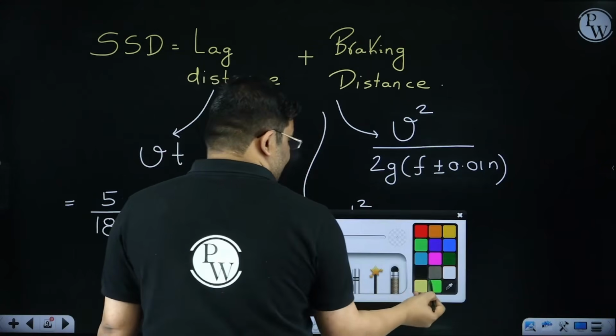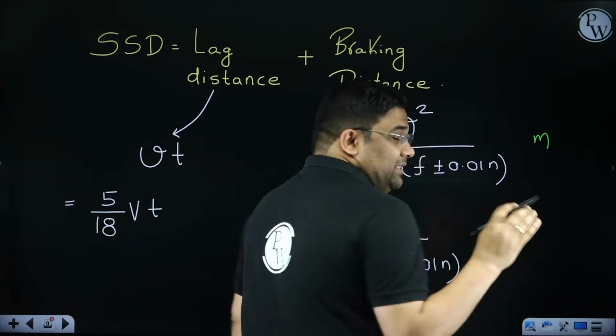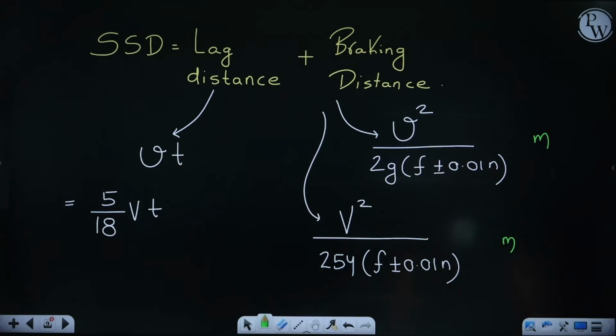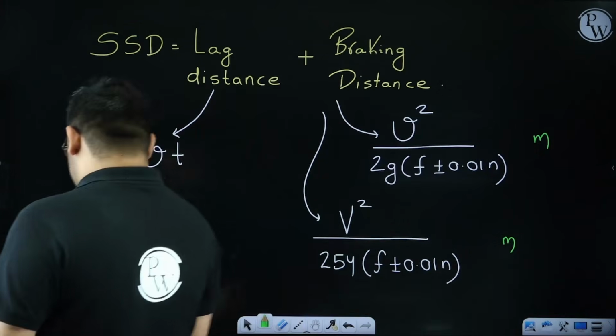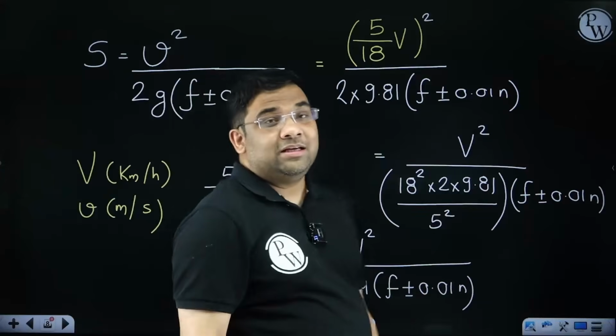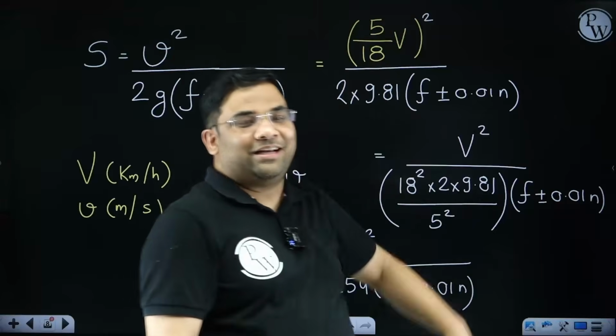Now see, try to understand. This is also in meter. This is also in meter. Some students think that because V is in kilometer per hour, I'll get the answer in kilometer. No. Why? Because when I was deriving this expression, I have already done 5 by 18 V. That means this value has already been converted into meter per second.